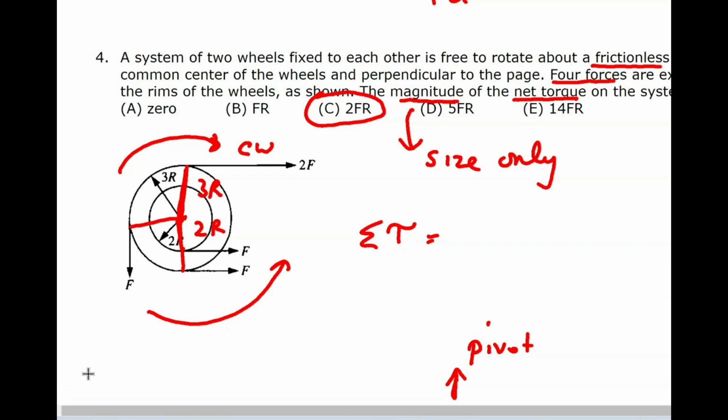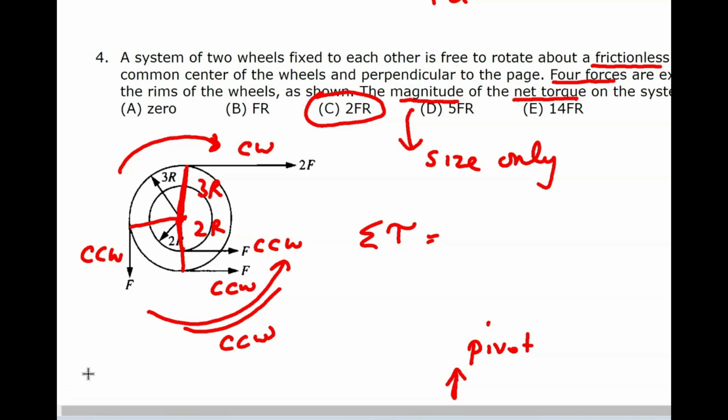These two are counterclockwise torques, because they're going to make it go this way. This one over here is also counterclockwise, and this one over here is also counterclockwise. So it looks like there's 1, 2, 3 counterclockwise and 1 clockwise. The one up top is clockwise.